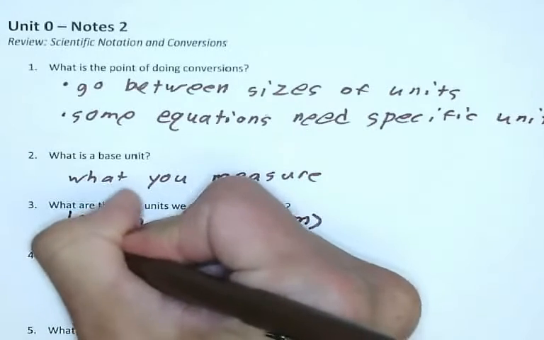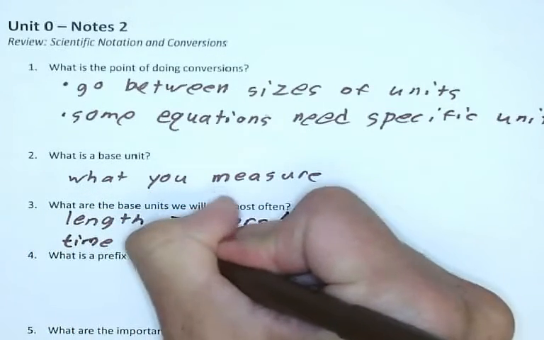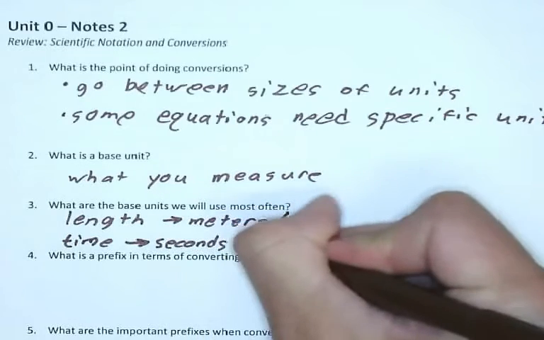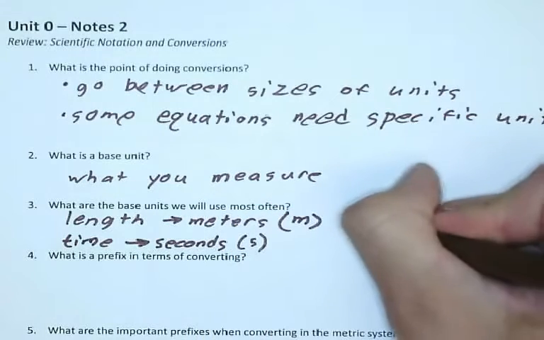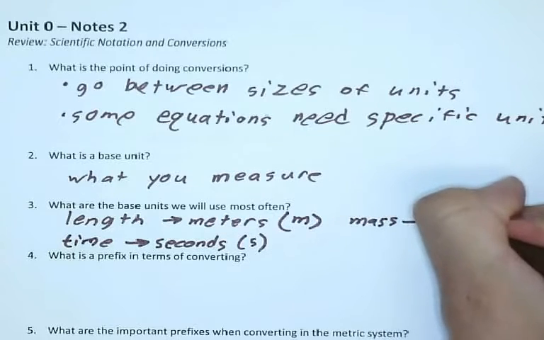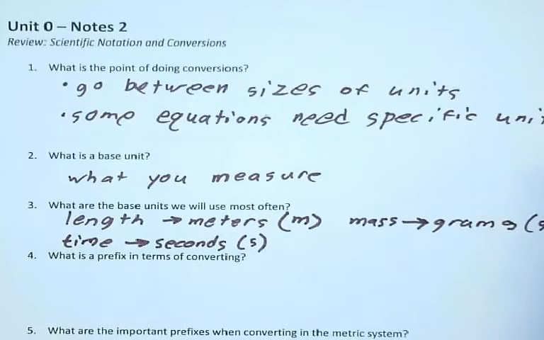If you measure time, you do that in seconds. That's a lowercase s. And if you're doing mass, you do that in grams, and that's a lowercase g.